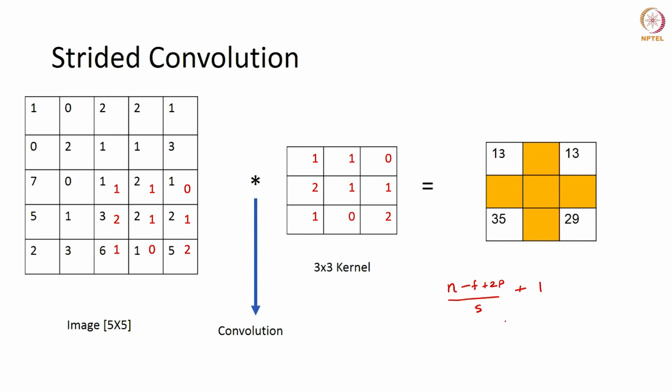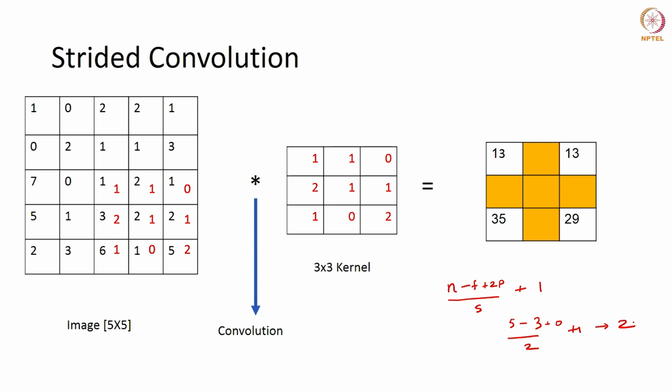Your input was a 5 by 5 feature map, the filter kernel size is 3, there is no padding, stride of 2, plus 1, you get 2, a 2 by 2 feature map as your output. So, you subsample very quickly typically.